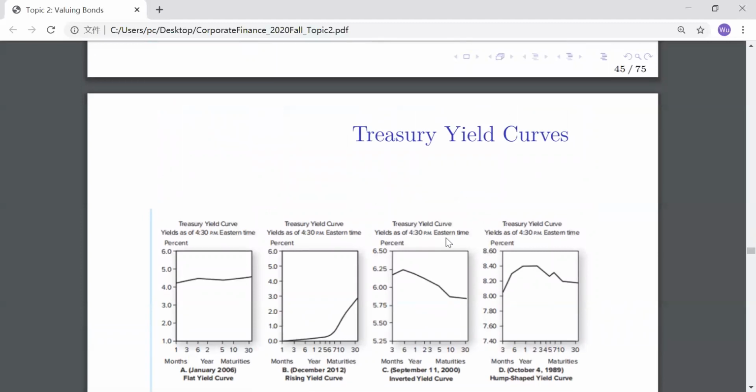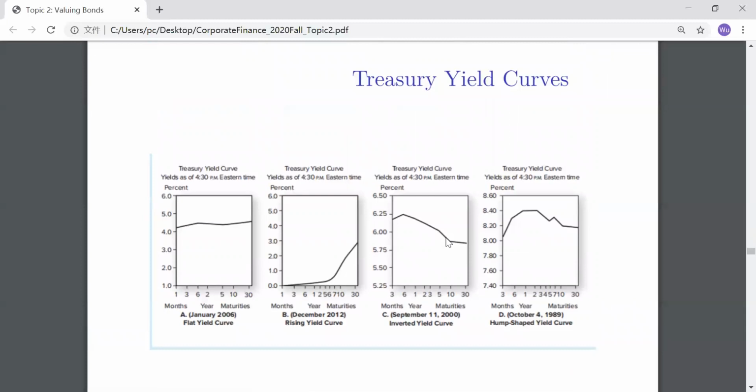These are four graphs that give you the Treasury yield curves at four different points in time. The first one is the January 2006 yield curve. It's a flat yield curve, which means that when the maturity goes up, the yield doesn't seem to change. The second one is a rising yield curve, in December 2012. The third one is the September 11th, 2001 yield curve, when the terrorist attack happened.